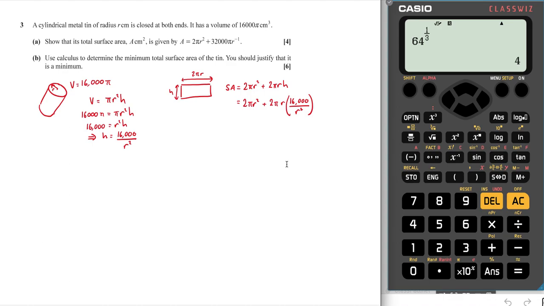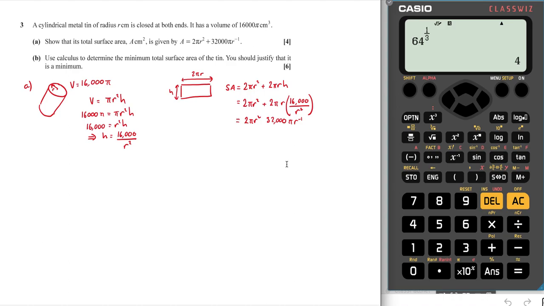So we know that 2 pi r squared is fine. 2 times 16,000 is 32,000 pi. Then I've got r over r squared, that is r to the minus 1, which is exactly what we wanted. So that is part A completed for us.